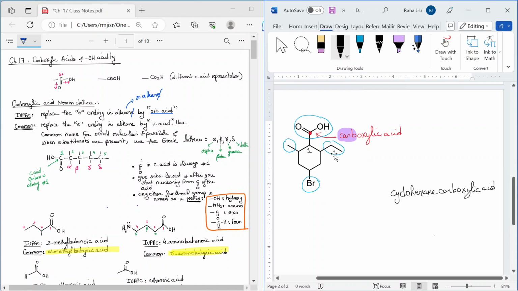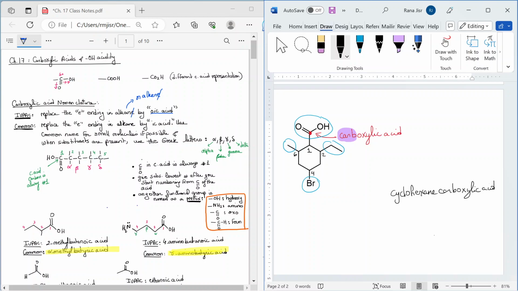Between the methyl and the ethyl, if I go this way or I go this way, both are going to get the same number. So I go with the priority in alphabetical order. So the E comes first, so I need to go this way. It's going to be 2. That is going to be 4. And that is going on 2, 3, 4, 5, and 6. And that is going to be 6.